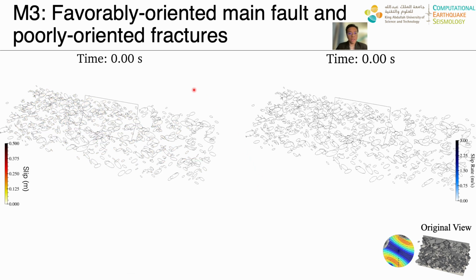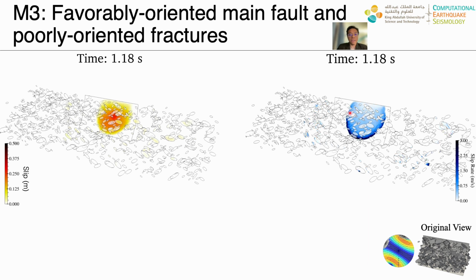Let's move on to model number 3, where the fractures are poorly oriented but the manifold is favorably oriented. Again, the rupture starts in the middle of the manifold, and then it propagates bilaterally to the east and to the west relative to the hypocenter.